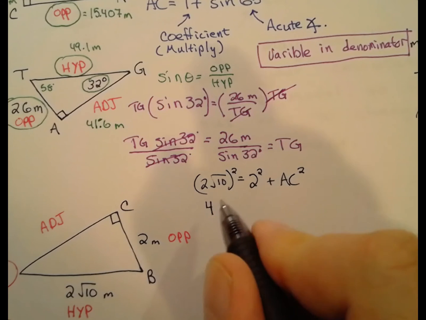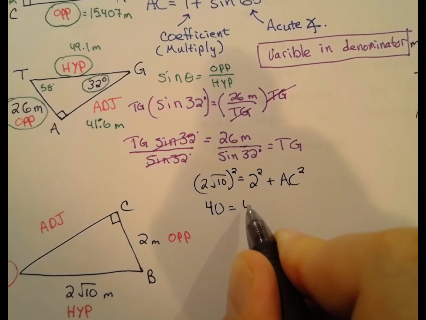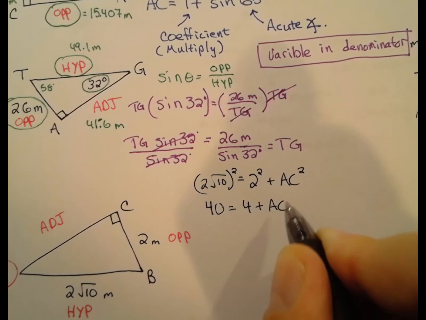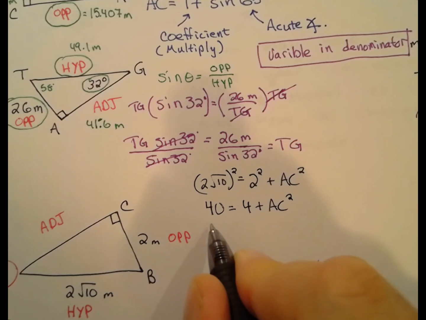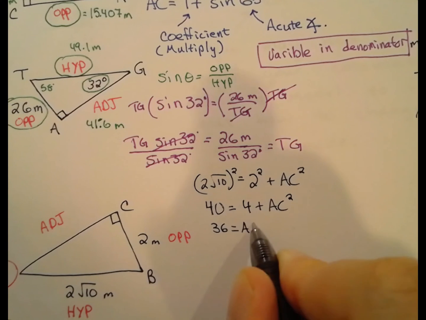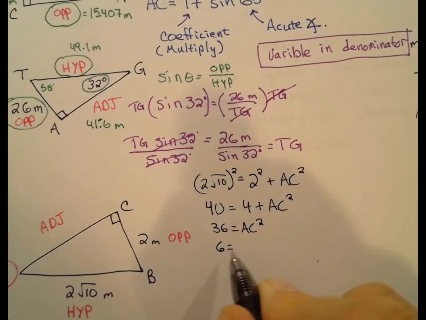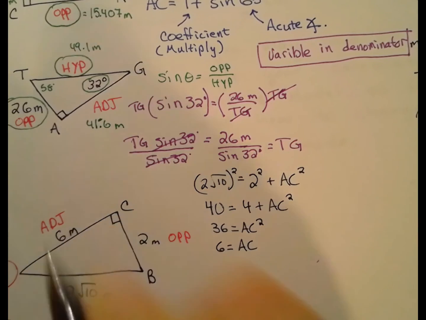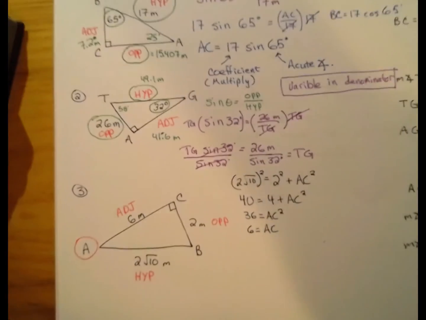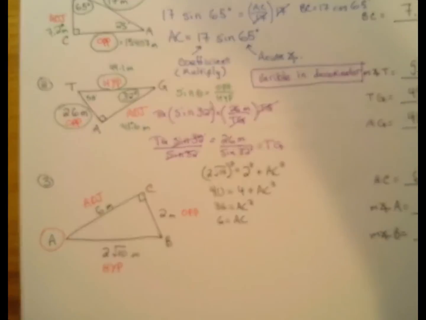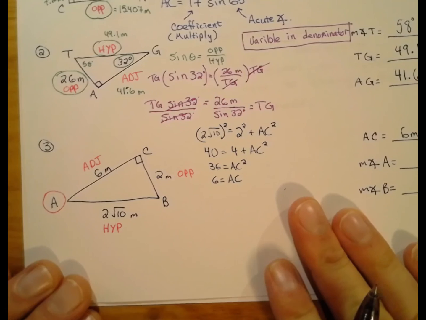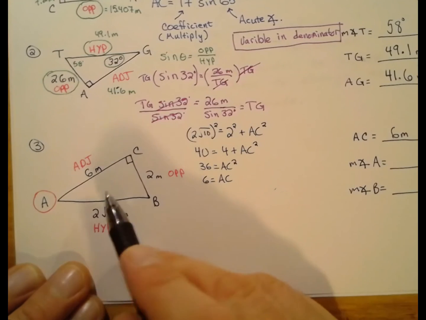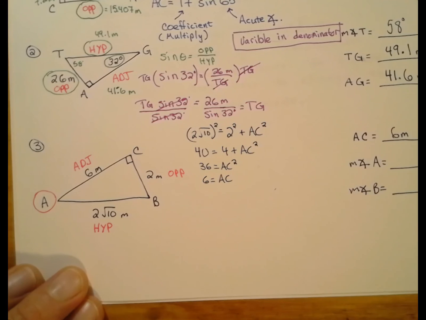Root 10 times root 10 is 10. 10 times 4 is 40. Subtract the 4 from both sides. Take the square root of both sides. All right, so we can actually use the 10 root 2 as a side length, but now we just found a nice whole number, so let's use that instead.